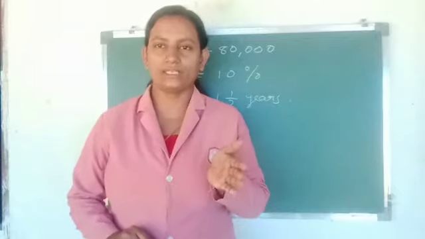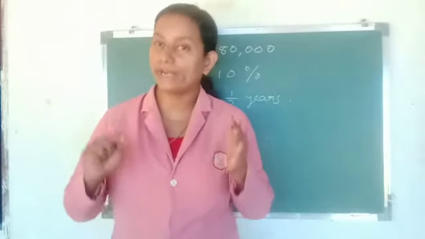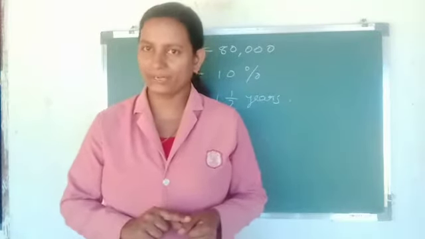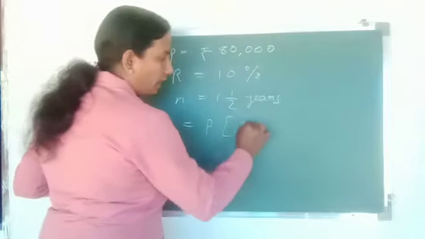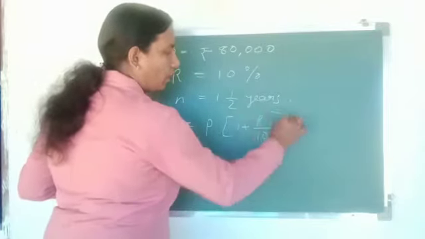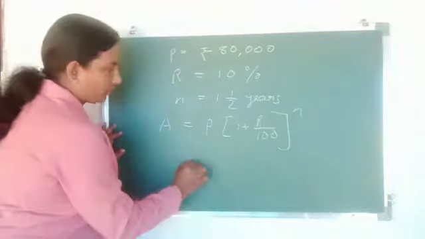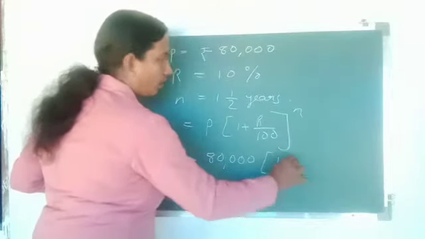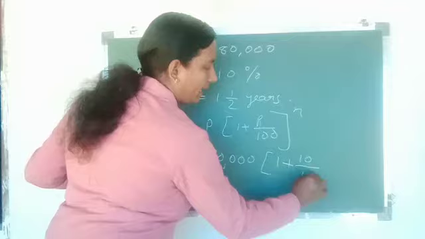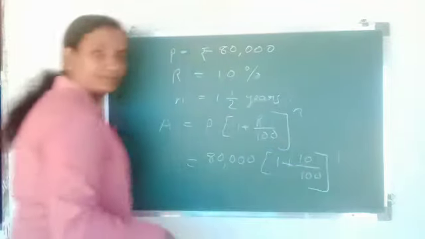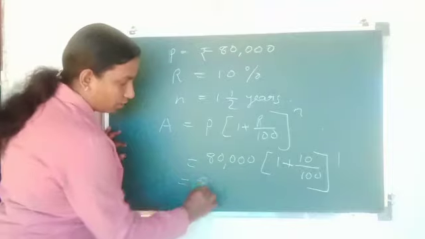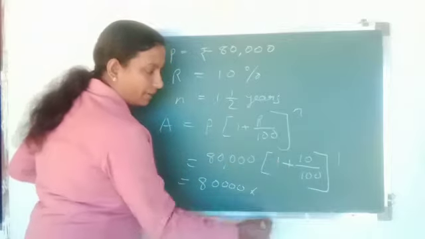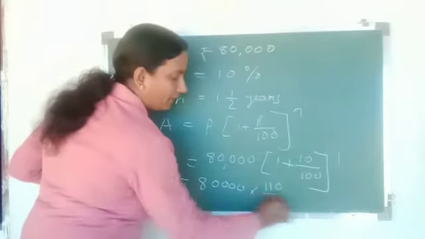First calculate the amount for 1 year using the compound interest formula, and then calculate simple interest for 6 months. A is equal to P into 1 plus R by 100 all raised to N. P is 80,000, so it is 80,000 into 1 plus 10 by 100 all raised to 1, which is 80,000 into 110 by 100.